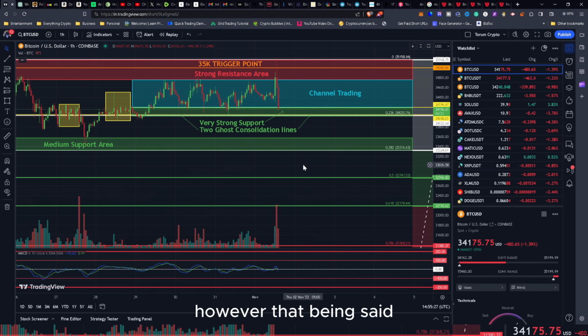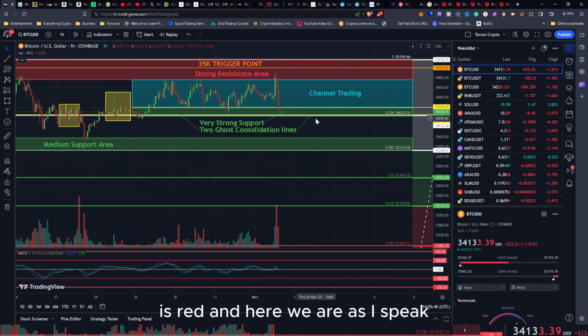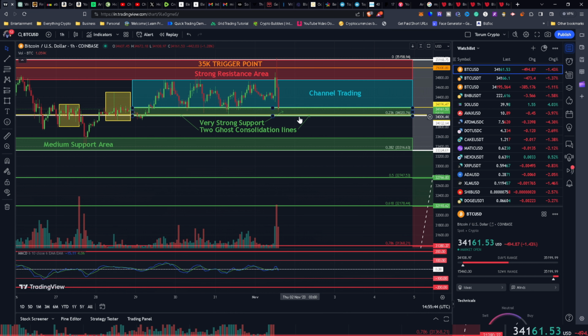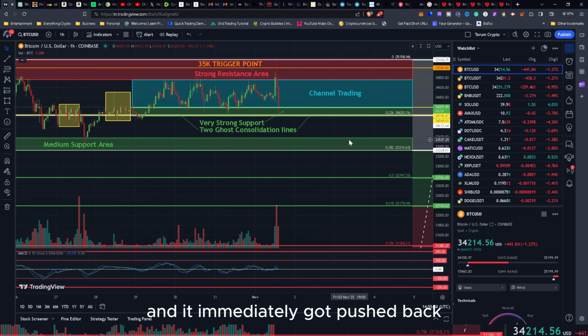However, that being said, there is a lot of daytime in front of us, and the daytime candle is red. And here we are as I speak, coming down to try and test the Fibonacci and the two ghost lines, and it immediately got pushed back.